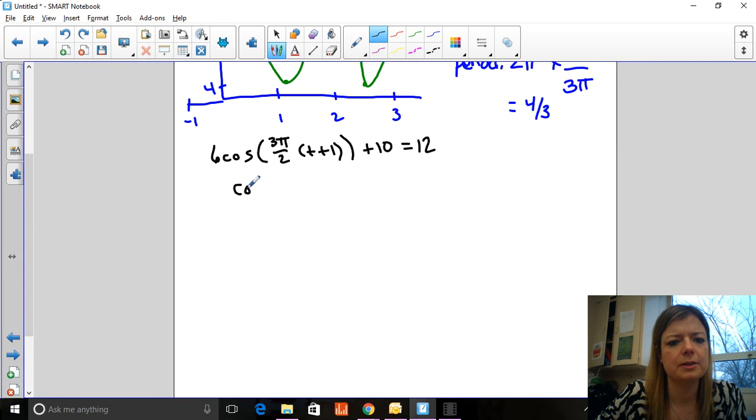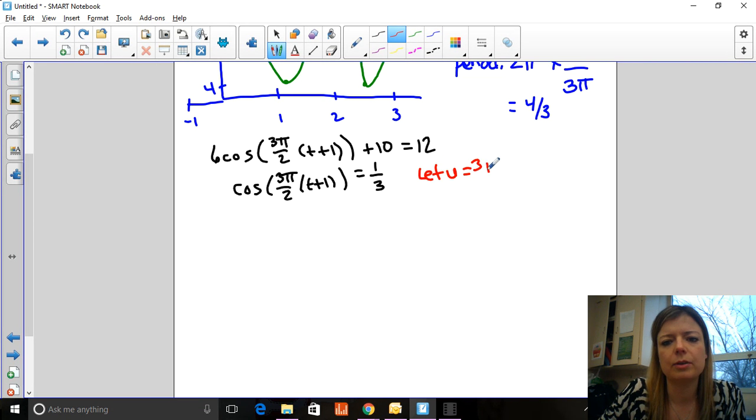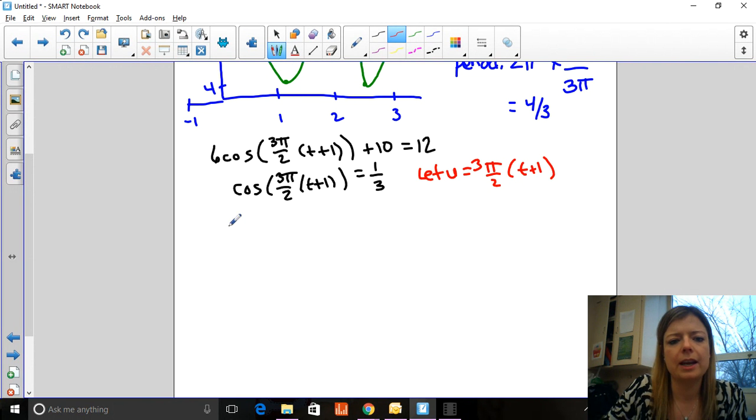So I get cos of 3 pi over 2 t plus 1 equals 1/3 when I put it in lowest terms. Okay, so now I do my thing where I say let u be equal to the argument, so 3 pi over 2 t plus 1. Okay, and now I'm just solving for cos u equals 1/3.